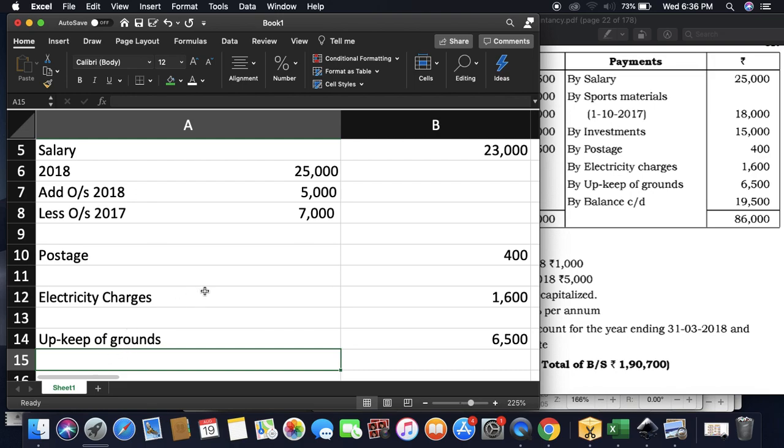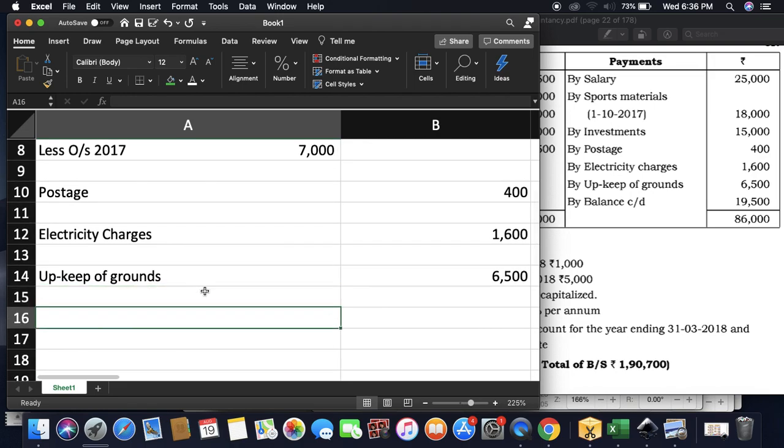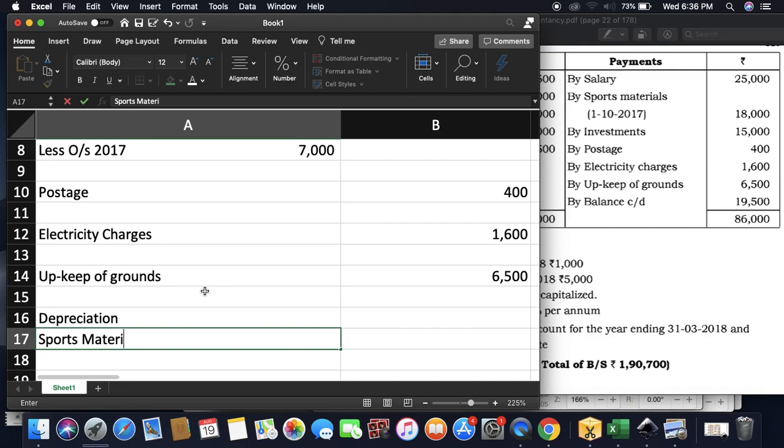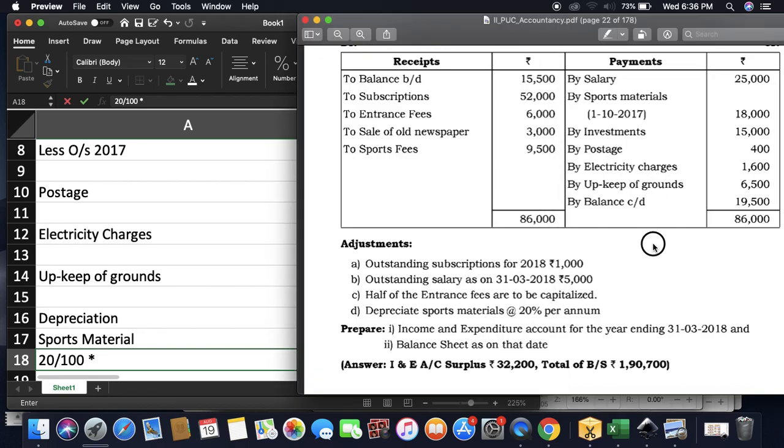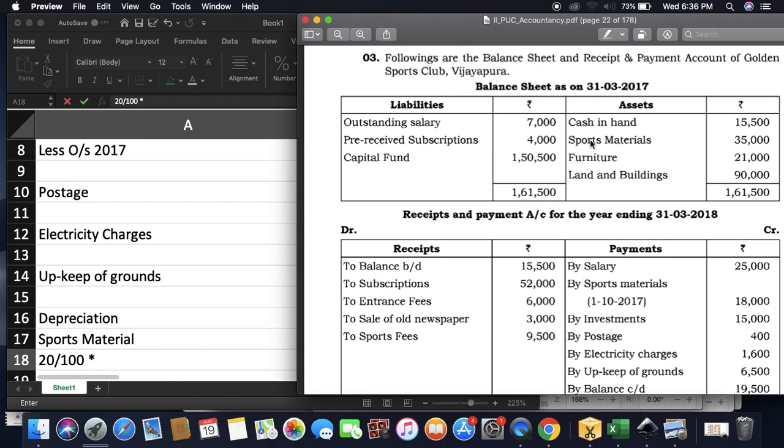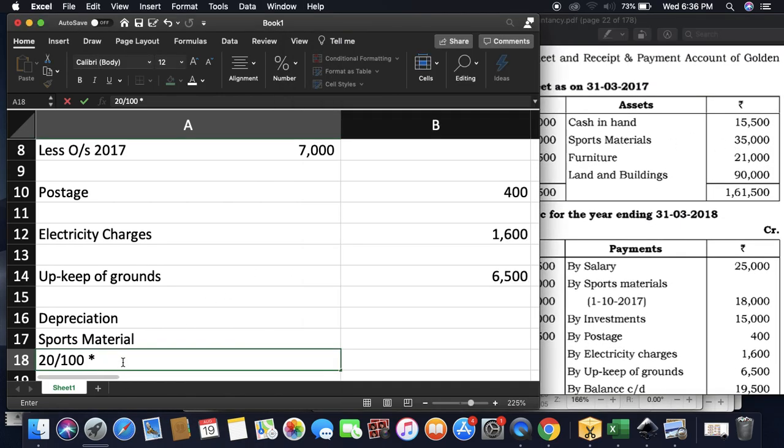Let's do it. So I'll mention depreciation. You write sports material, and how much is that? 20%. 20 divided by 100 into 35,000.